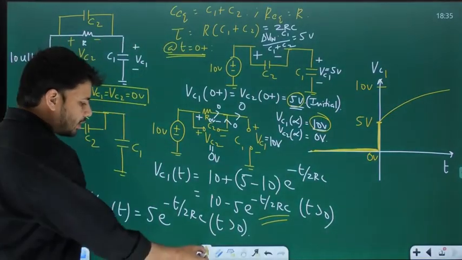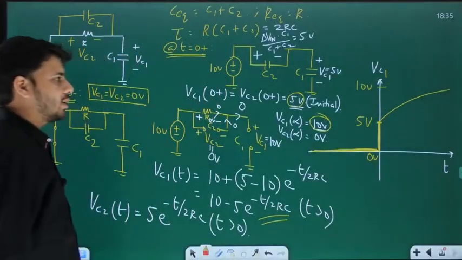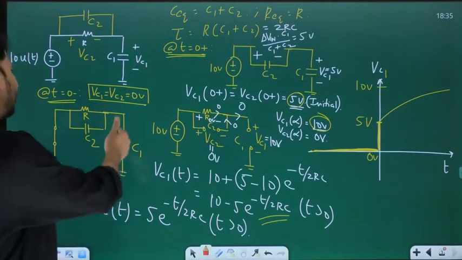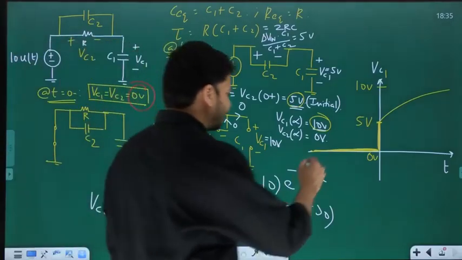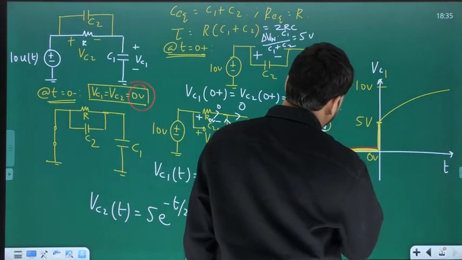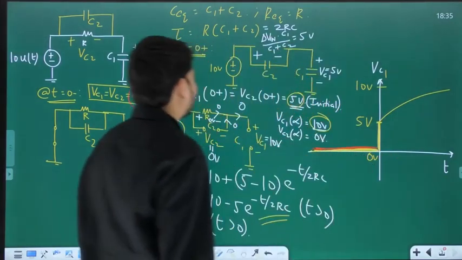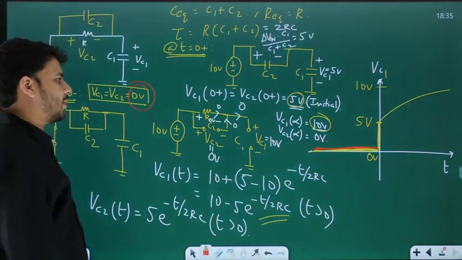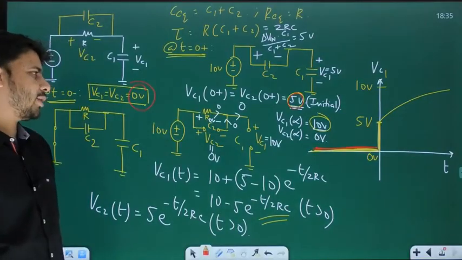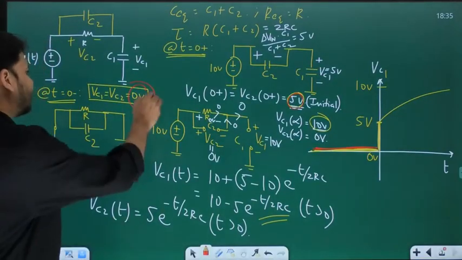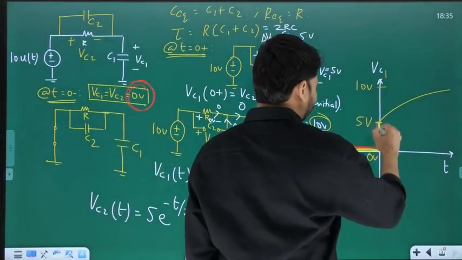Now if you try to draw a similar plot for VC2, the value of VC2 up to t equal to 0 is 0. And what is the value of VC2 at 0 plus? It is again 5 volts, which means at t equal to 0, the value of VC2 suddenly changes from 0 to 5 volts, just like VC1.